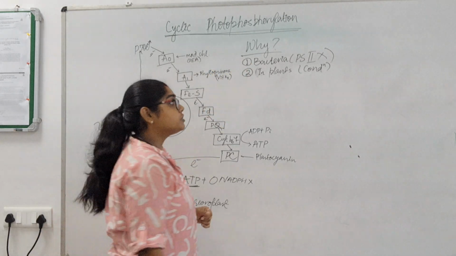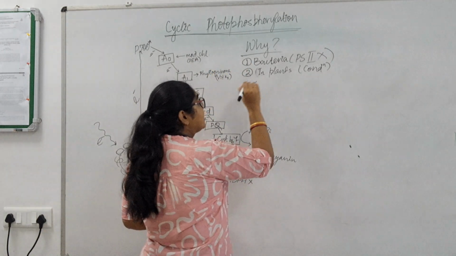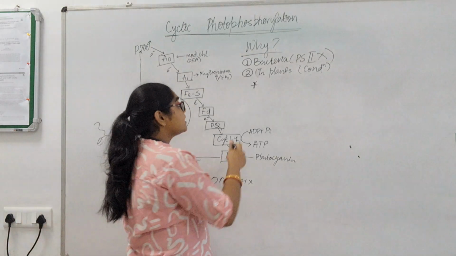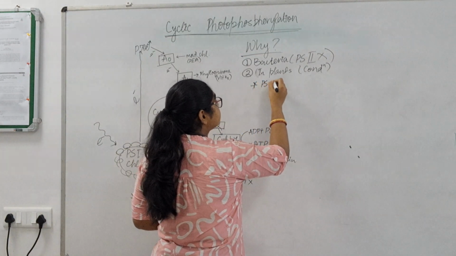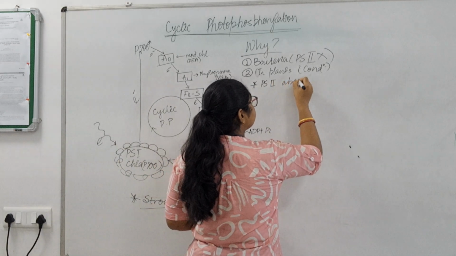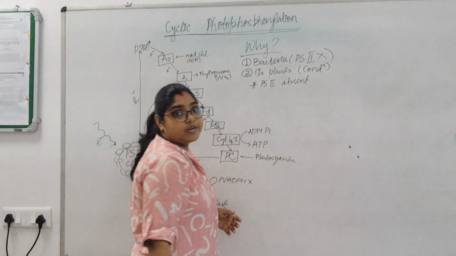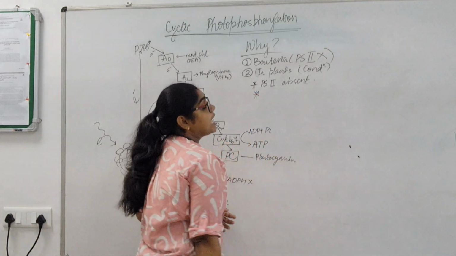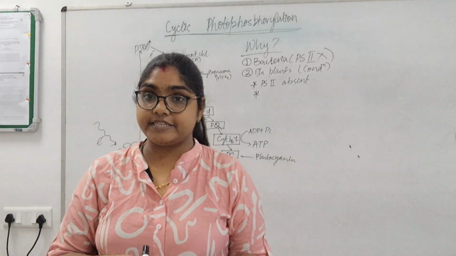So what are those conditions? First condition: if photosystem 2 is absent, then they follow cyclic photophosphorylation. Second condition: high intensity of light.